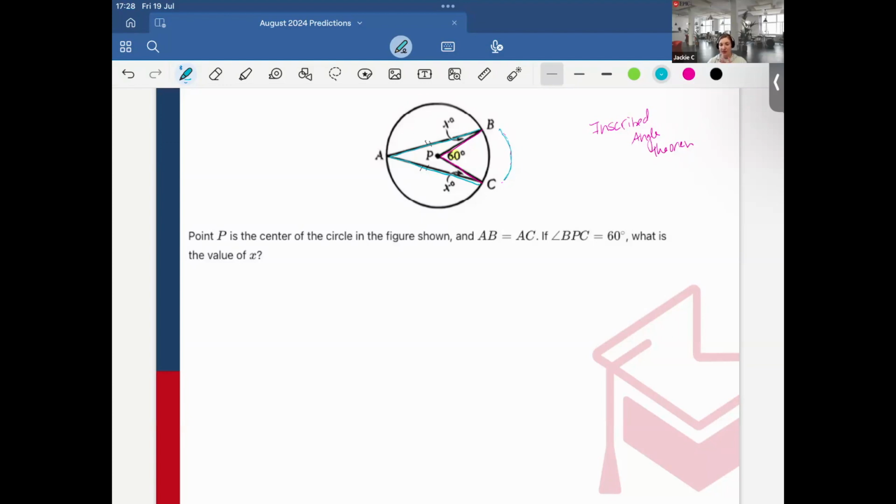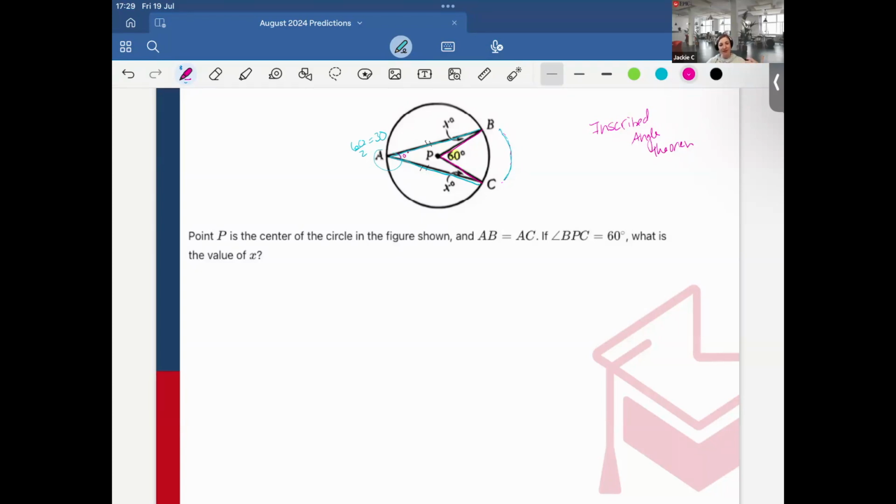This inscribed angle theorem says that when you have a center angle provided and the inscribed angle is cut from the same arc, it will always be half that of the center angle. So I know that this angle here is going to be 60 divided by 2, which is 30. This is a theorem. It is fact.